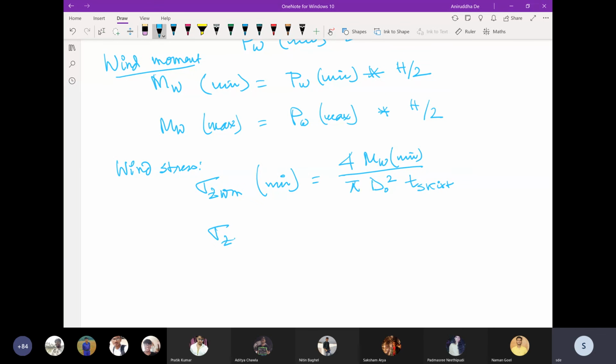And sigma ZWM maximum should be 4 MW maximum divided by pi d naught square T skirt.